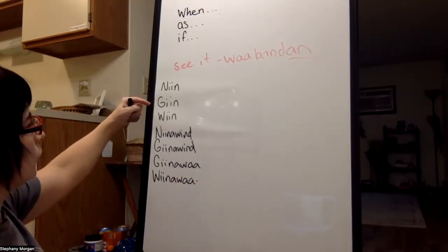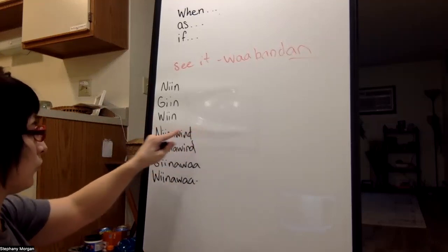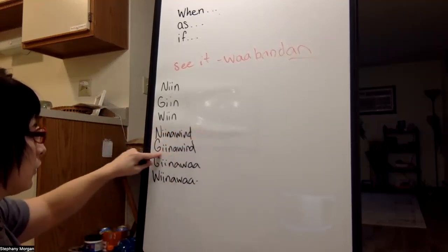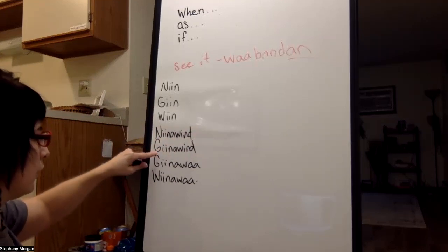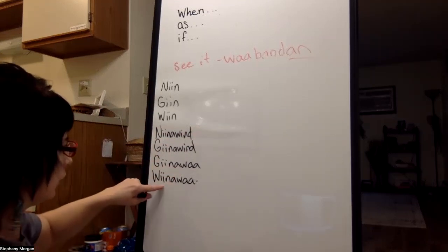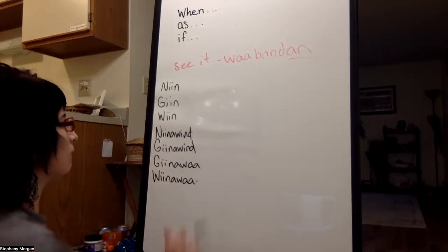It's I, you, he or she, us but not you, because there's no geen included anywhere in this, us including you, including geen, and then all of yous, more than one you, ginawa, and then all of them, winawa, more than one he or she.